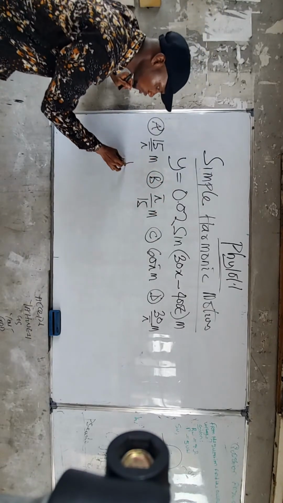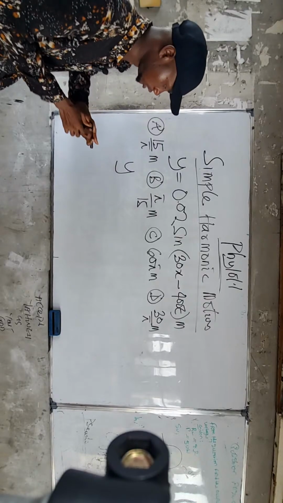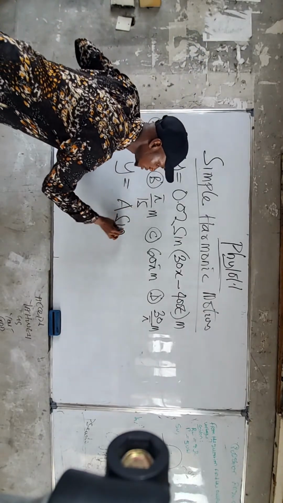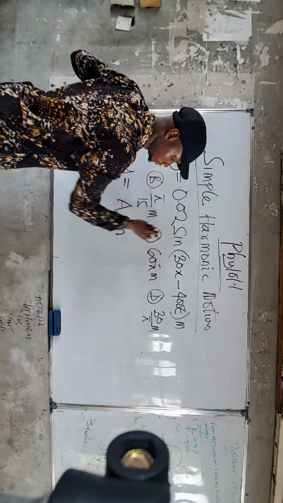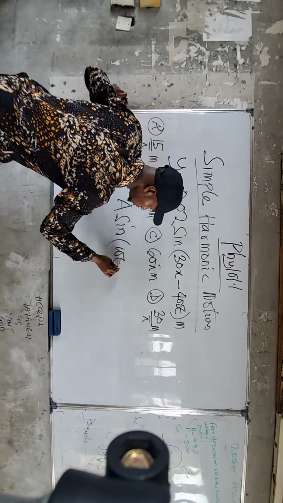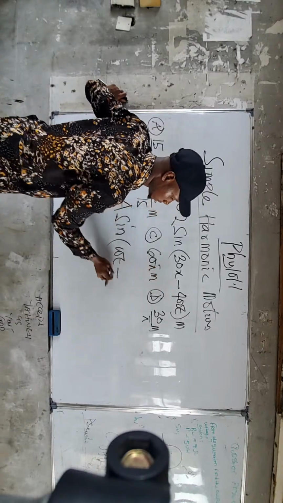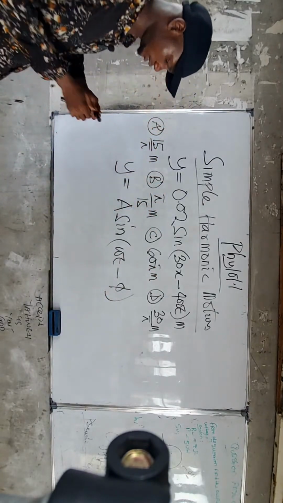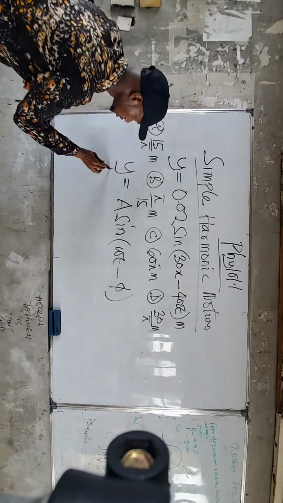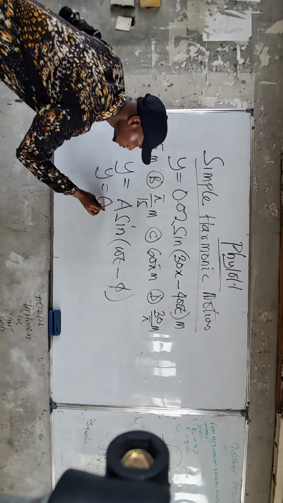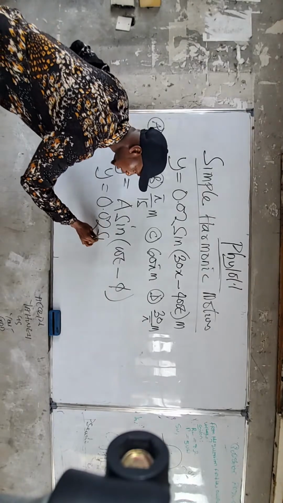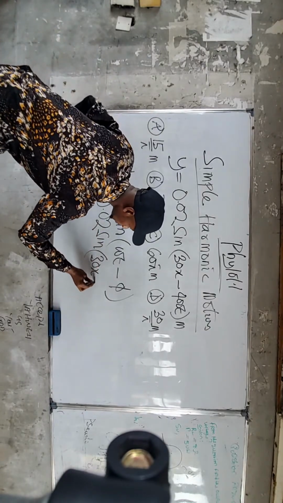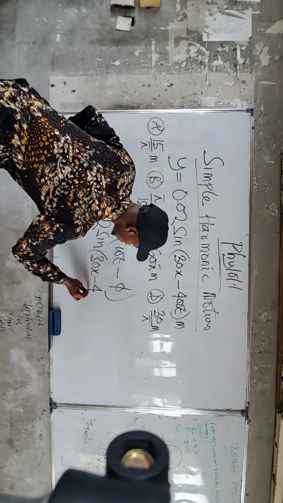It's going to be y is equal to A sine, since the equation is sine, into omega t minus, since there's minus here, I put minus here, phi, please take note. So I will compare this with the given one, which is y is equal to 0.02 sine into 30x minus 400t.